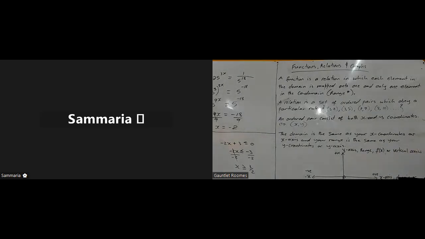It is called your domain, and it is also called your horizontal axis. And your range is your y-axis, otherwise known as your vertical axis.